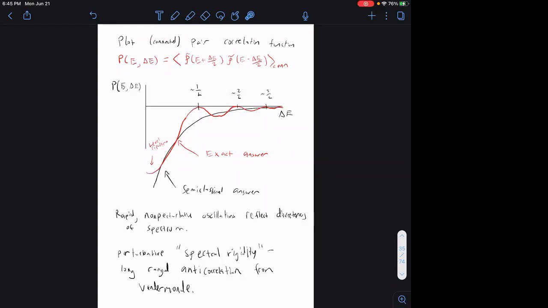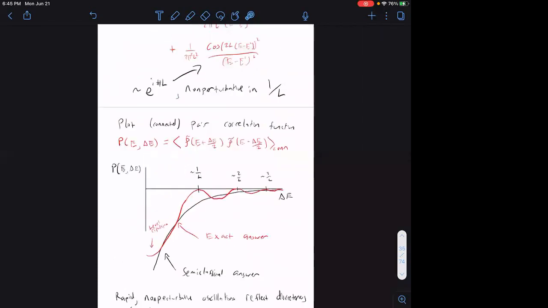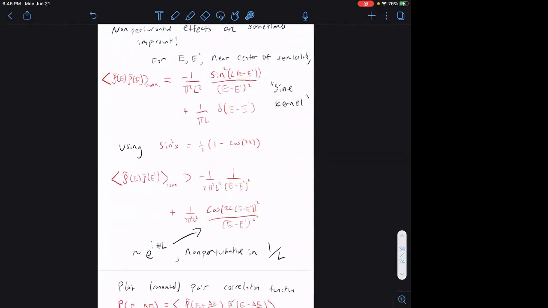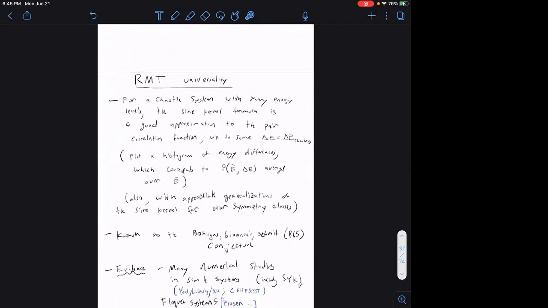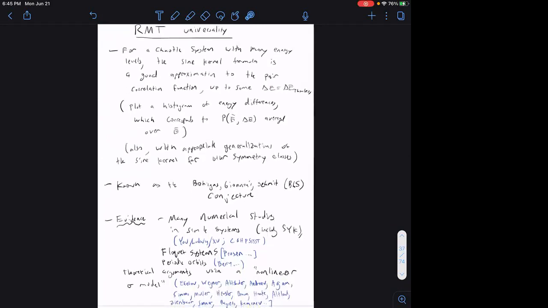So what we've done so far is I've said this function here is the pair correlation function in the GUE. It tells you the statistics of the energy differences in the GUE. It's a precise shape, given by this sine kernel formula. The statement of random matrix universality is that any chaotic system with many energy levels obeys the sine kernel behavior to a good approximation, up to some large delta E called the Thales energy, which is non-universal.